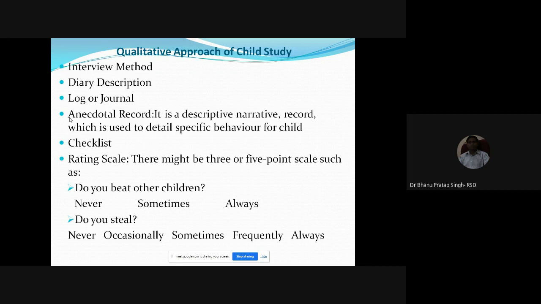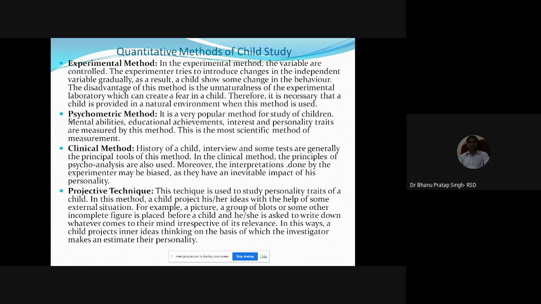The answer may be strongly agree, agree, neutral, disagree, strongly disagree. So these are the rating scales, the 3-point scale and 5-point scale. The 5-point scale is also known as the Likert scale.